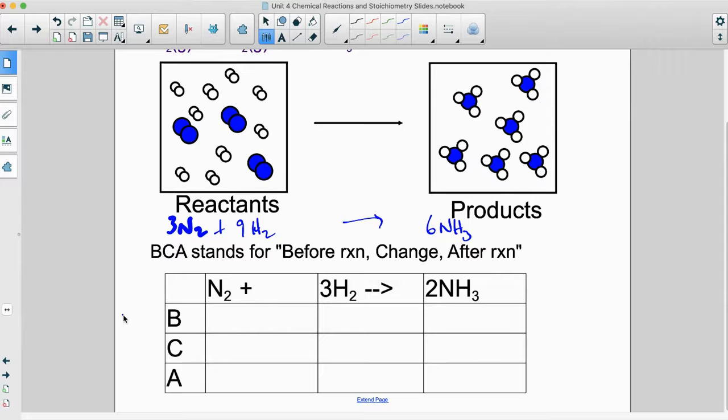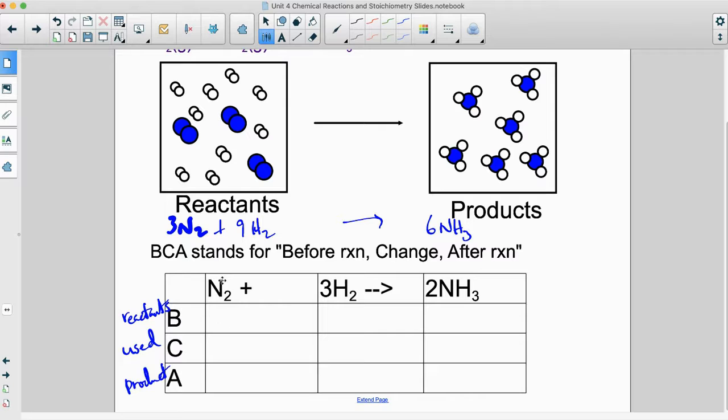This before line is what the reactants show. So the reactant box here is represented by the before. This change is what's used, and the after is the products.